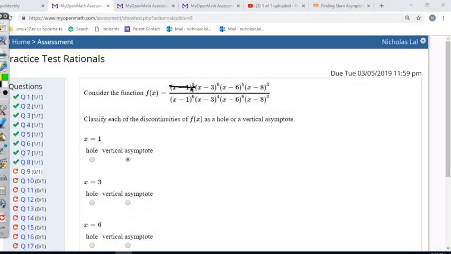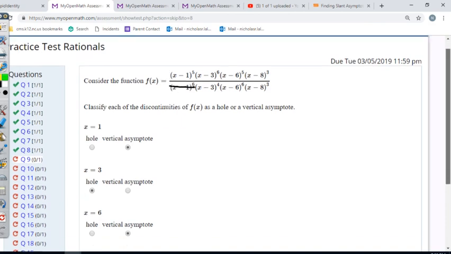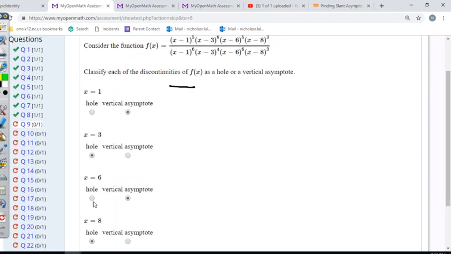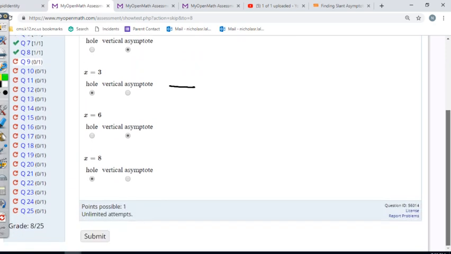So here x minus 3, x equal to 3 is a hole because you have more in the numerator than the denominator, so it does completely cancel out. X equal to 6, that's a vertical asymptote because you don't completely cancel out. You have one uncanceled x minus 6 factor on the denominator. And x minus 8 over x minus 8, that's going to be a hole because the numerator and the denominator perfectly cancel out.